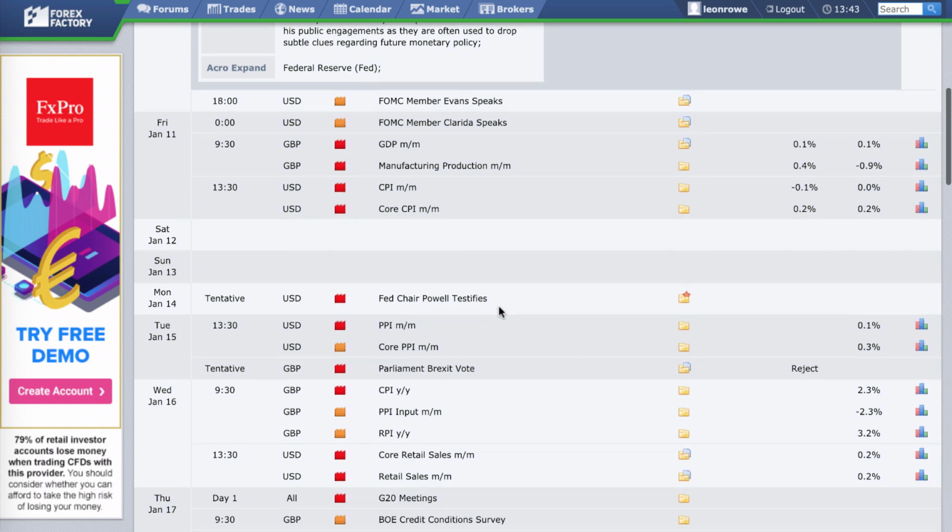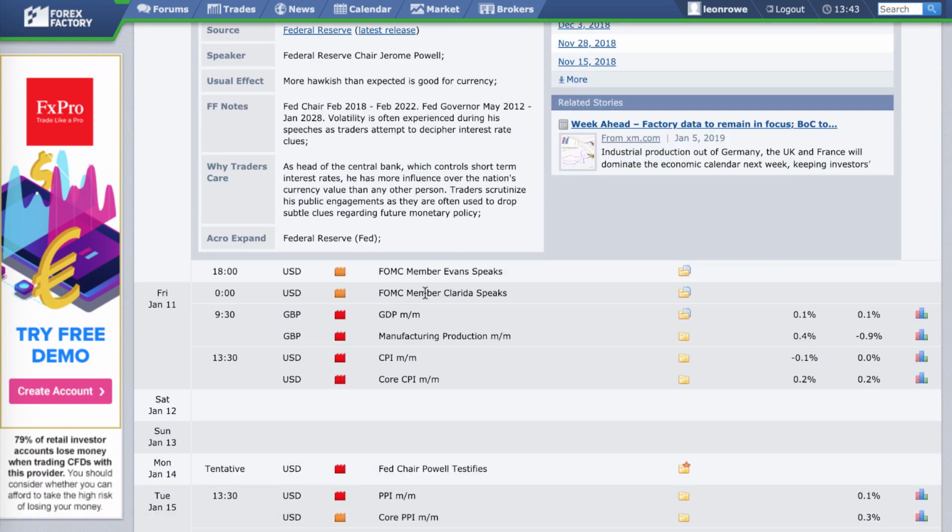But also tomorrow, Friday the 11th of January, we have GDP month on month for the British pound, and that is expected to be 0.1. If it comes in at 0 or negative, then the pound is a sell.